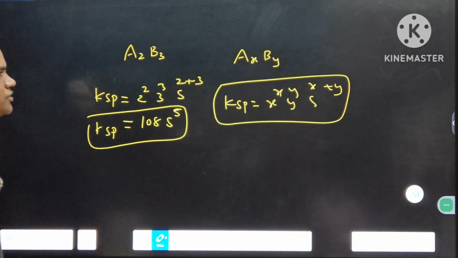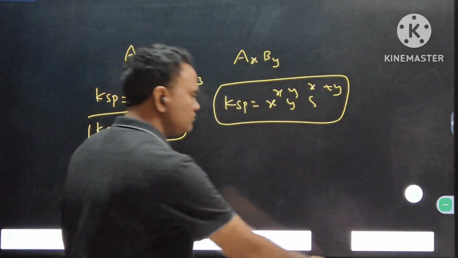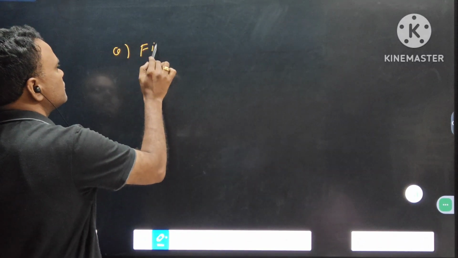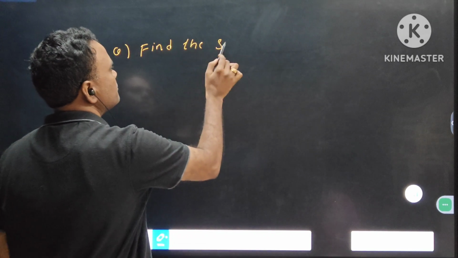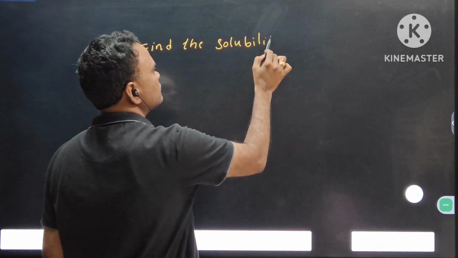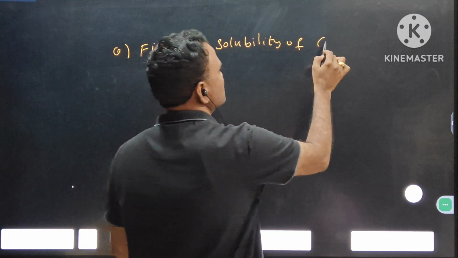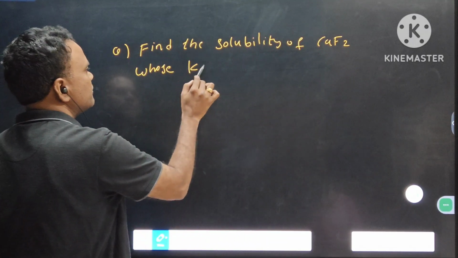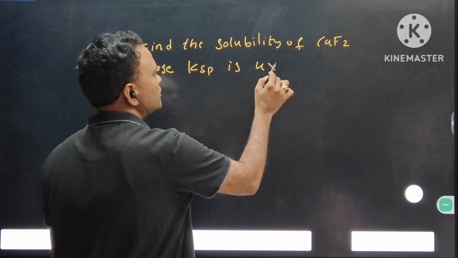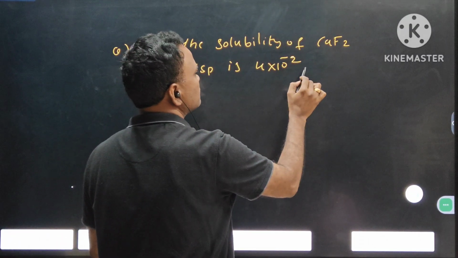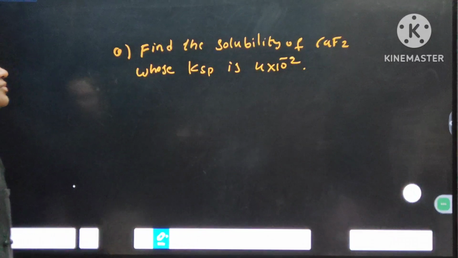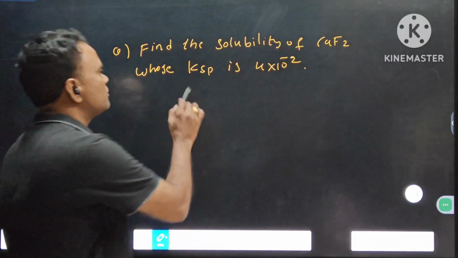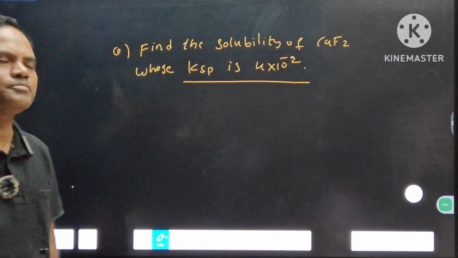Let us do one question on this. Find the solubility of CaF2, calcium fluoride, whose Ksp, a basic level question, is 4 into 10 power minus 2.